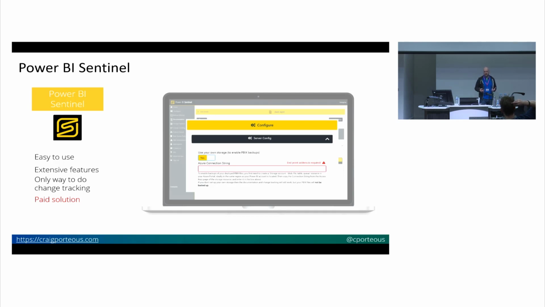I get notifications for when they're backed up and stored as well. It also has an auto documentation feature which will spit out all of the measures, the M code and everything. I don't think I've got time for a demo, but if you catch me afterwards, I'd be happy to show you how that works.